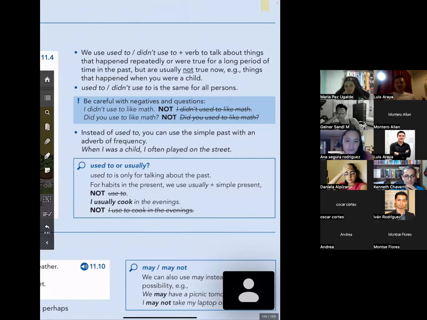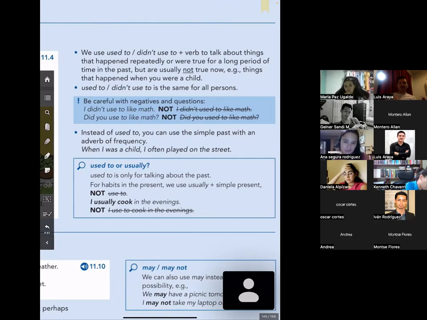Teacher, can you repeat, please? Sure. What I was saying is that used to and usually are different and have different uses. When we're referring to the past, like activities that we perform for some time and we no longer do, we use used to. I used to go to swimming lessons means that I no longer go to swimming lessons.